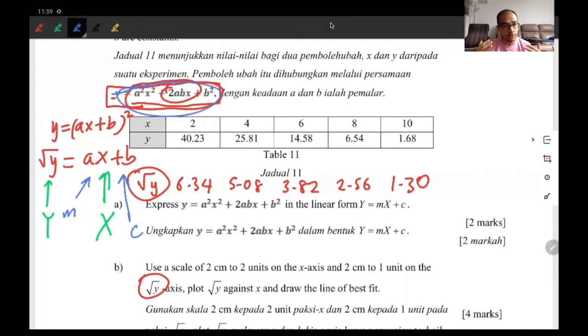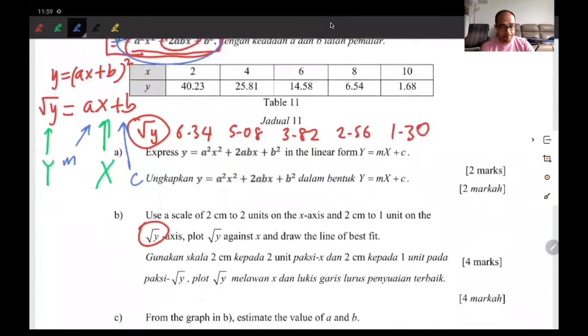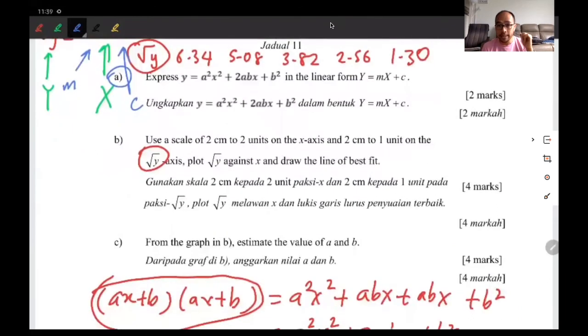You can do the rest of the questions, but it's going to be hard for you to determine what is A and B. So that's why they give question A. If you cannot do it, you can still plot the graph. So don't give up. Even if you cannot do that one, plot the graph, because that step doesn't change.